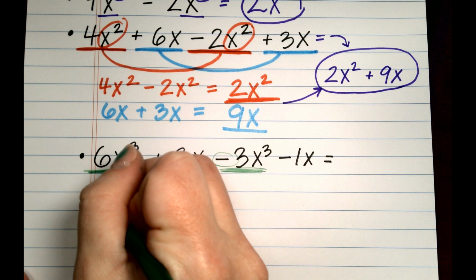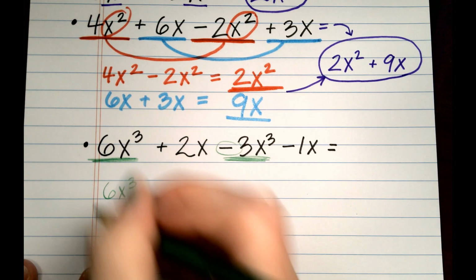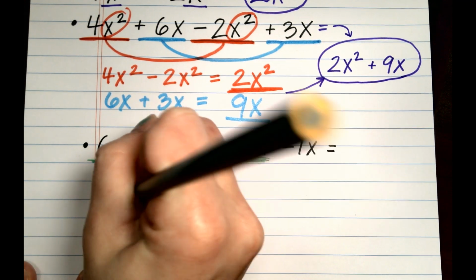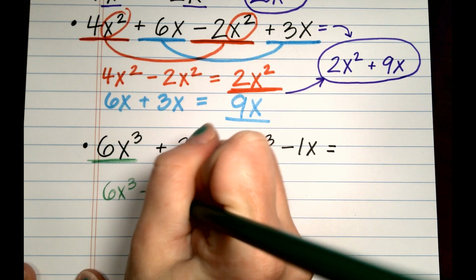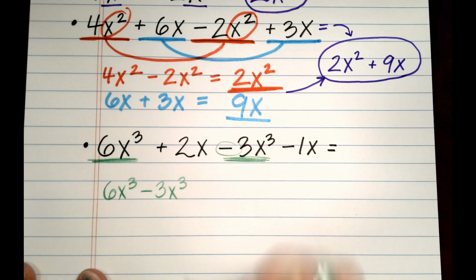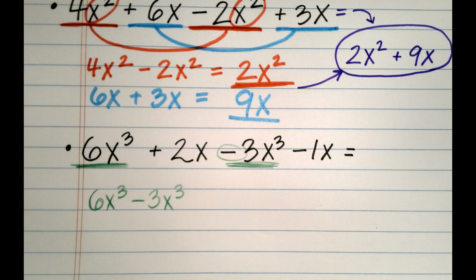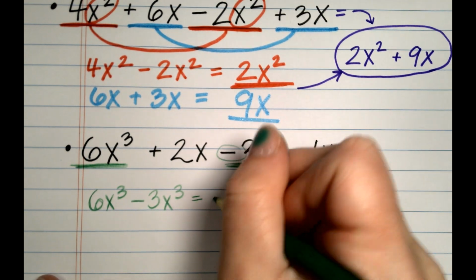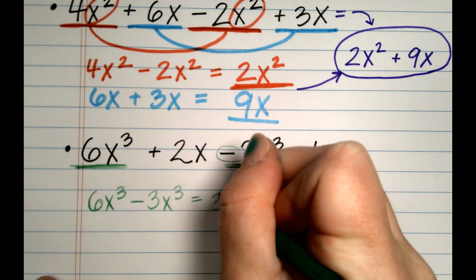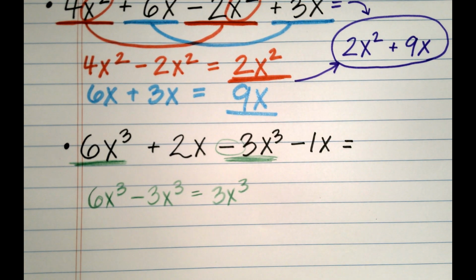So let's start with that. 6x to the third power minus 3x to the third power. And what does that give us? 3x to the third power. What else do we need to do?